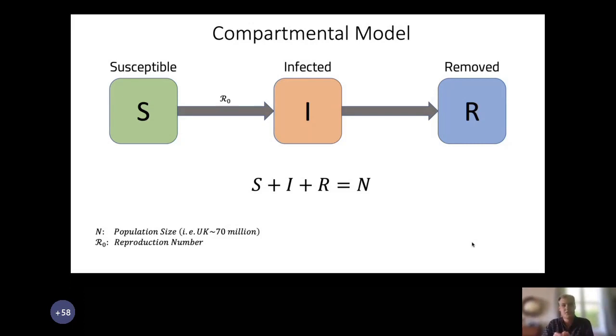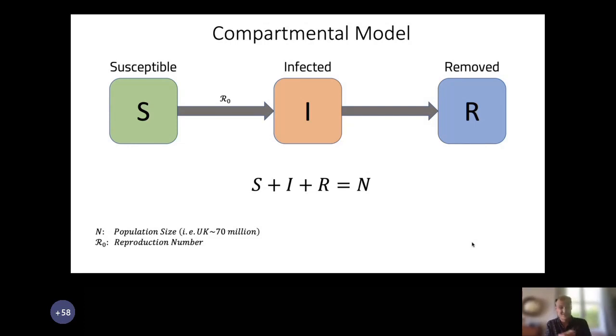From susceptible to infected, it happens at this rate, which you've probably seen in the news quite a lot, the reproduction number, R0. Essentially, for someone who has the virus, it's how many people on average they will pass it on to. So if it's 3, the average person will pass on the virus to 3 other people.